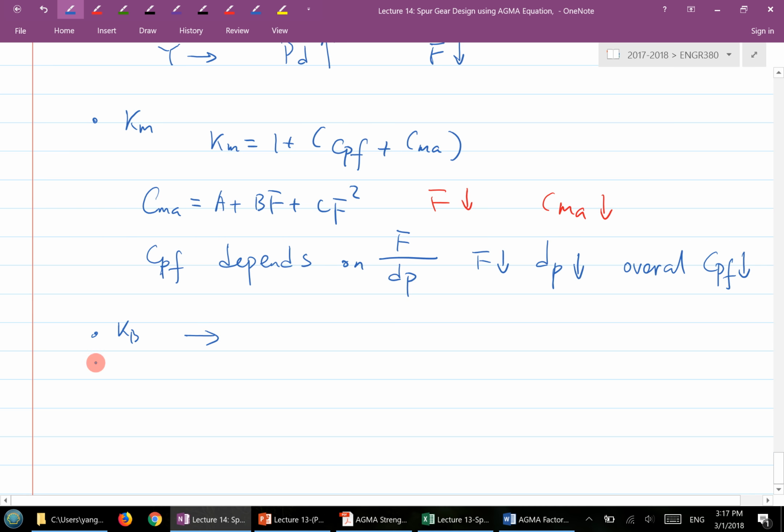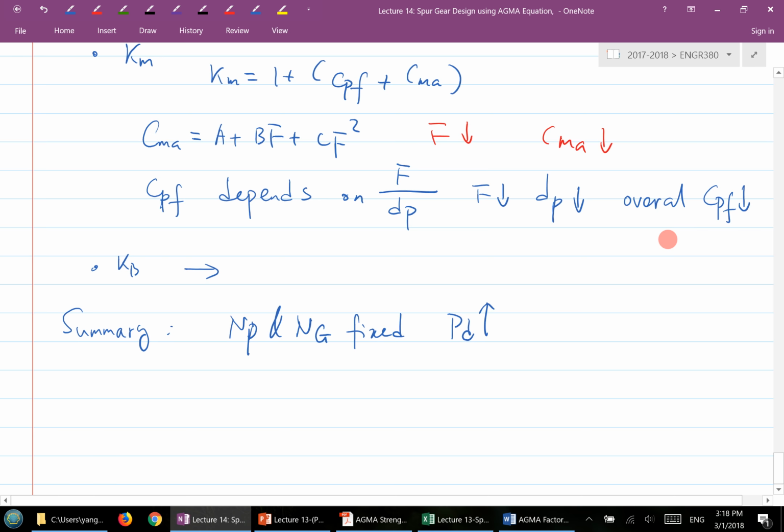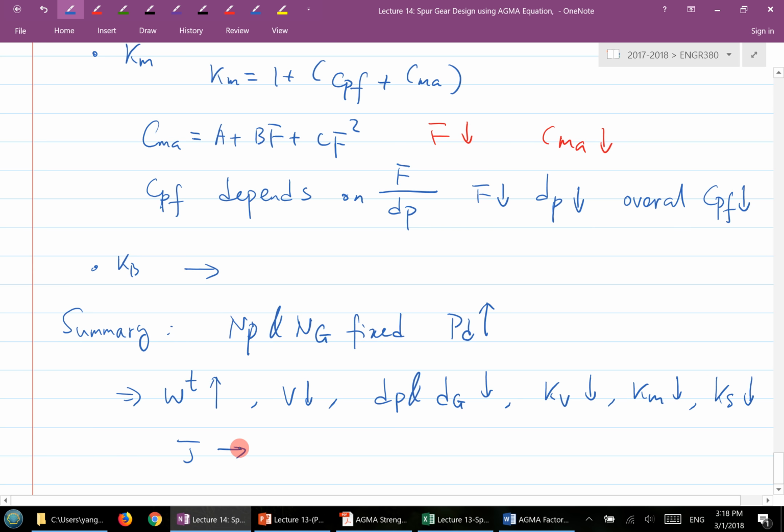So with all of this, we can summarize. Basically, for now, NP and NG are fixed, and PD is increasing. In summary, Wt increases, V decreases, dP and dG are decreasing, KV decreases, Km goes down, and KS goes down, J no change.